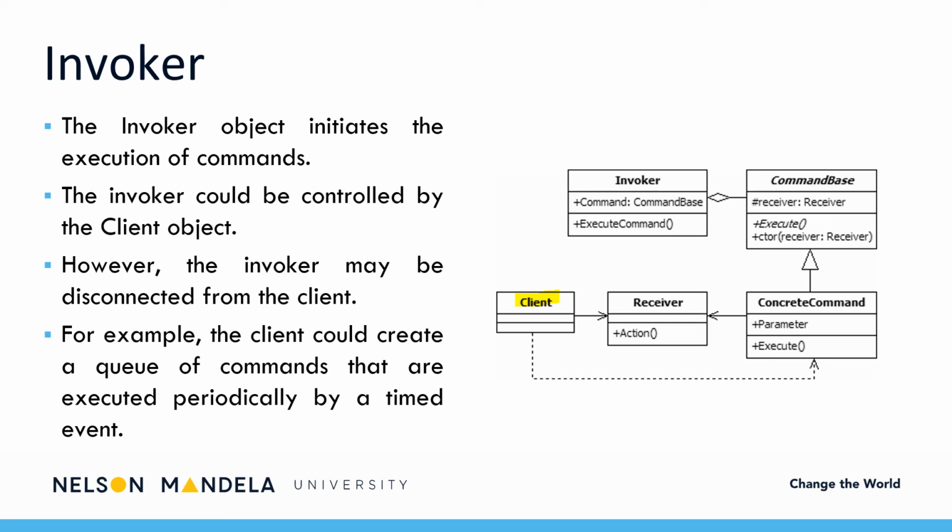But sometimes the invoker can be disconnected from the client. That means the client could just create a queue of commands which can be executed periodically, so you can just call a list and say after some time, please carry out this command. Okay, so that's the class diagram that I wanted to share with you.